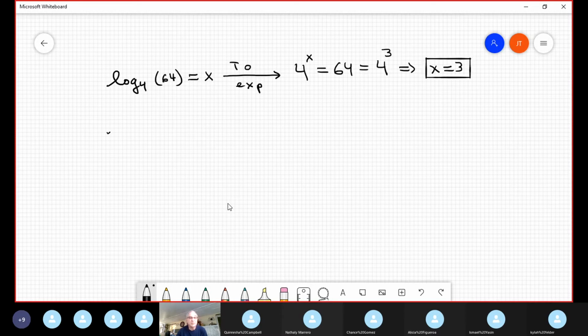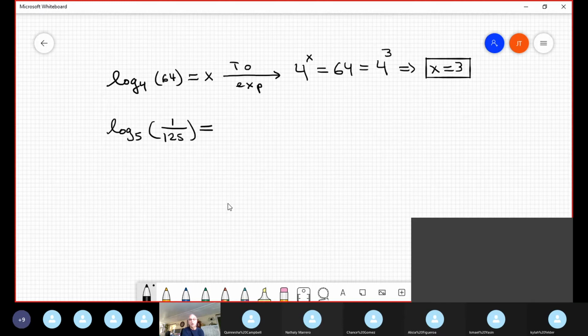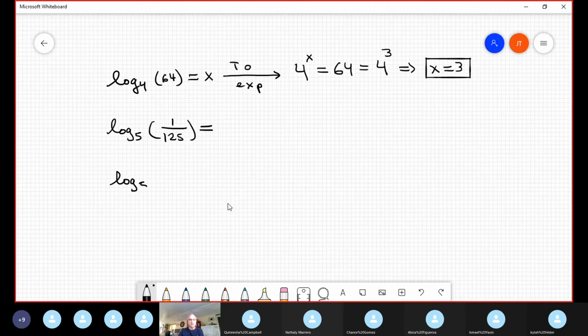Suppose logarithm base 5 of 1 over 125. I need help. Come on, guys. Try. Alicia, I agree with you.